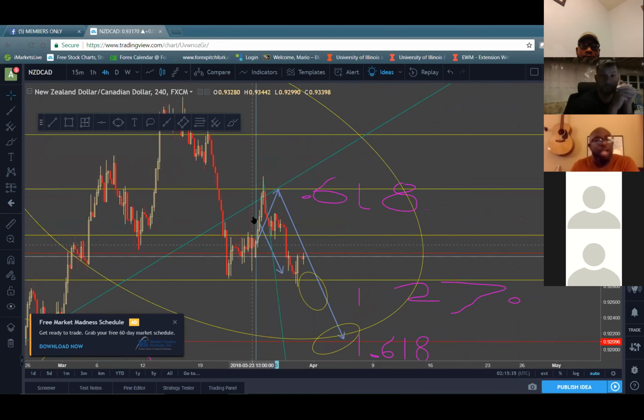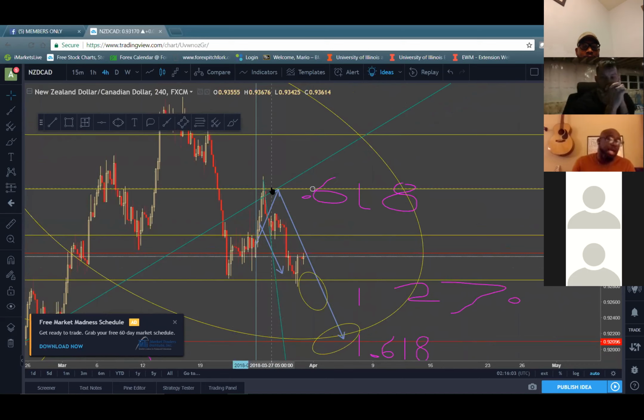The other thing I noticed was a convergence between a major support and resistance level and that trend line. Boom. Sweet spot. I call them sweet spots. So I'm looking at an energy point right there. When I see that energy point, that gives me an even higher probability that what I'm talking about is going to happen.